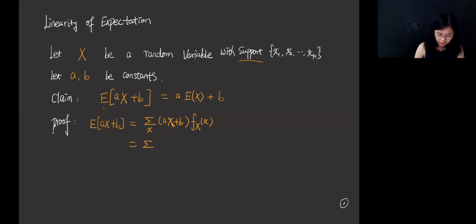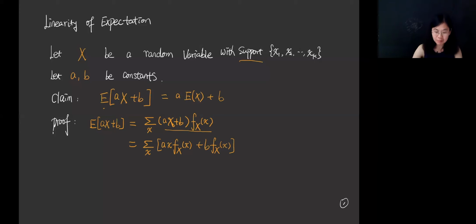We can first expand this multiplication and write that as a little x PMF plus b times PMF.